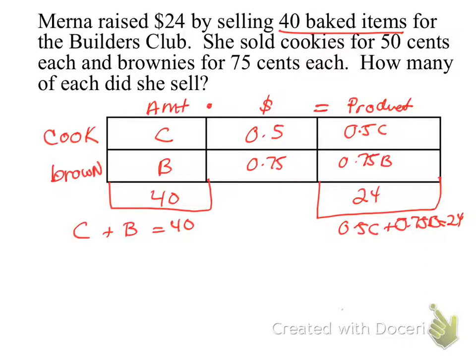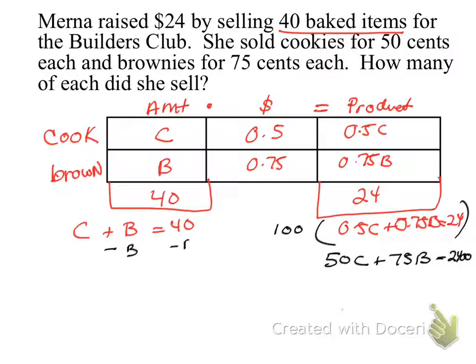Okay, pause it and finish it up. Shh. All right, so I'm going to first clear my decimal. What do I have to multiply by? 100, so I get 50C plus 75B equals 2400. Okay, now I can either do, I think I'll do this.